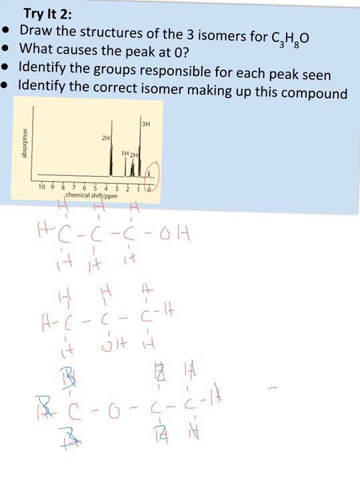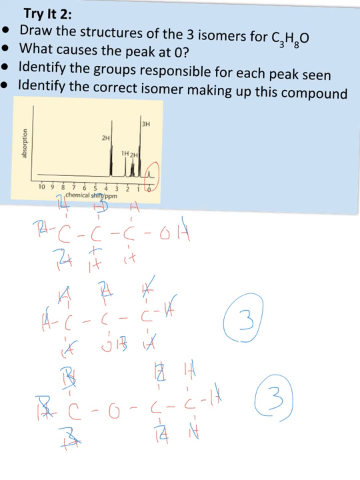When I look at the 2-propanol, I have an environment here, and these are definitely the same environment. I have a second environment here, and I have a third environment here. So far I only have 3 environments, but I see 4 peaks here.